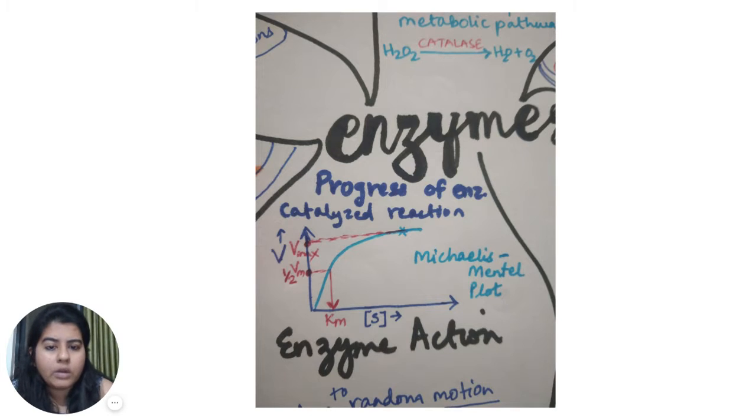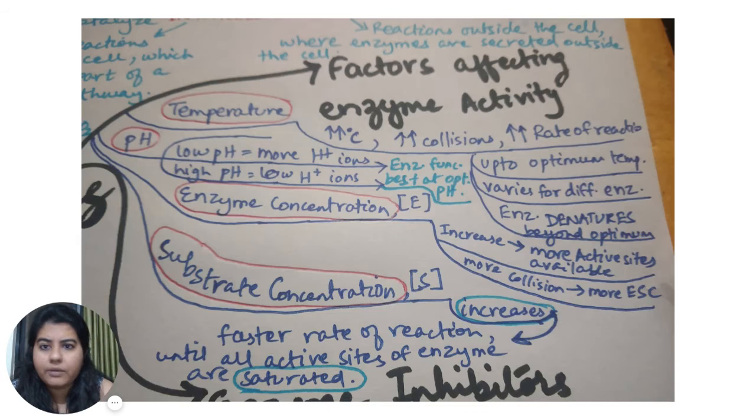Okay, moving on to the next part of our mind map, or next concept that we had learned in this unit, is all the factors. Very important, because most of the questions related to graph interpretation come from this area.